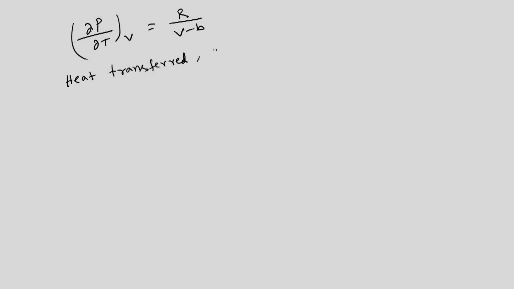So we can write del P by del T at constant volume is R by V minus B. The heat transferred, del Q, is T dS.